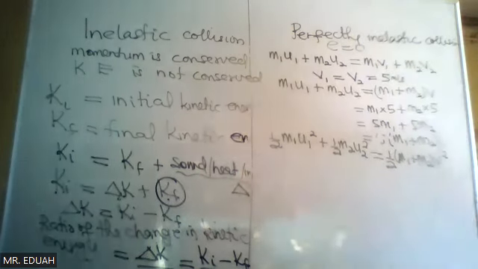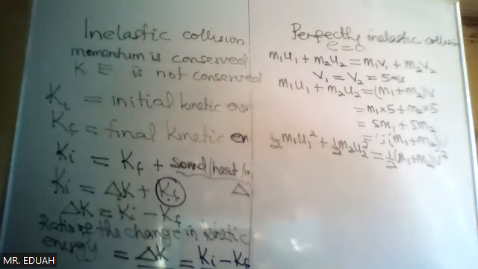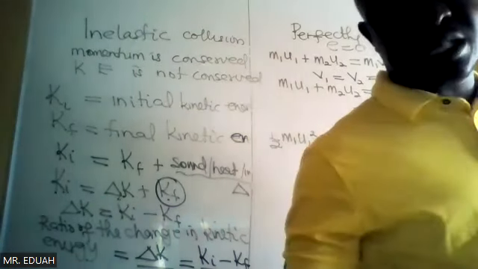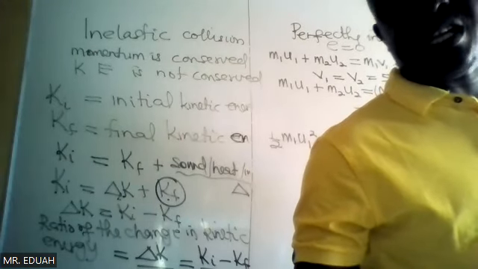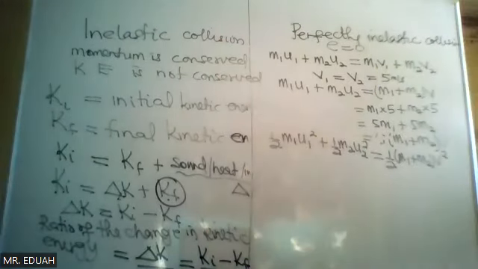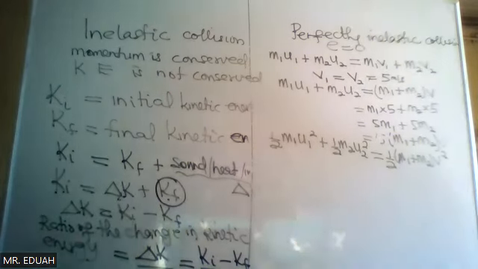Please, once you are told to find their common velocity, it means the collision is perfectly inelastic. Okay, so I want you to give it a try. Let's see how you go about this question.